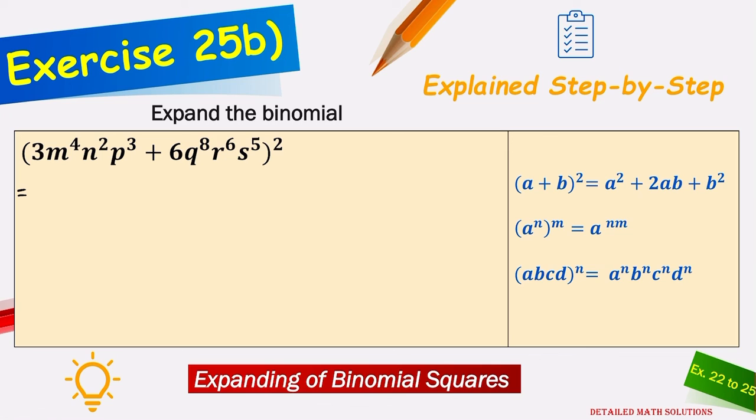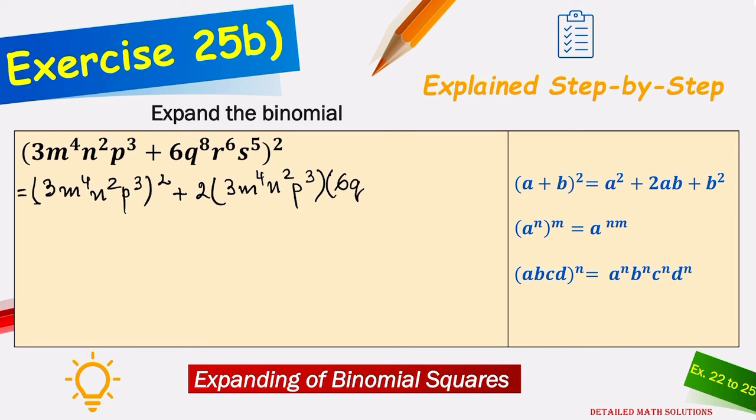So this equals (3m^4 n^2 p^3) squared plus 2 times 3m^4 n^2 p^3 multiplied by 6q^8 r^6 s^5, plus (6q^8 r^6 s^5) squared.